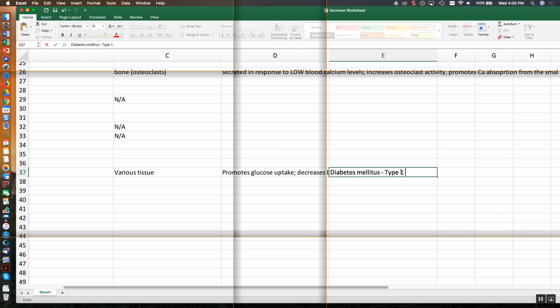Yes, type 1 is juvenile diabetes, which is an autoimmune disease that attacks beta islet cells in the pancreas.